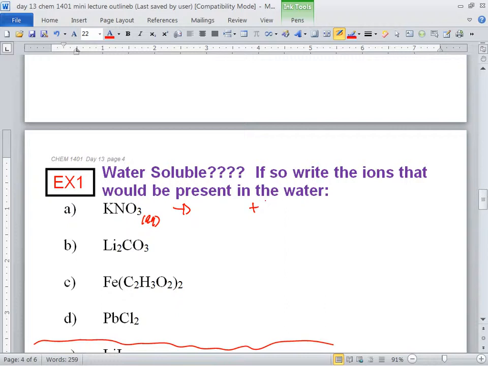When there's an exception on this side, does that mean it is? So that now that means that it's going to be soluble. Oh, okay. Because it was, all this stuff should be insoluble. Okay.